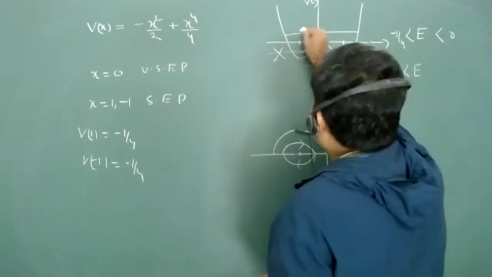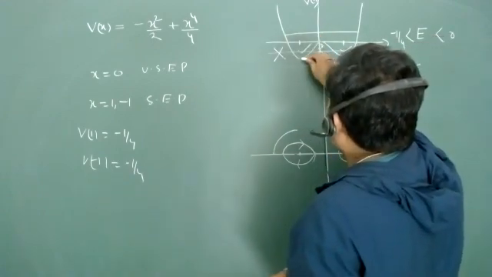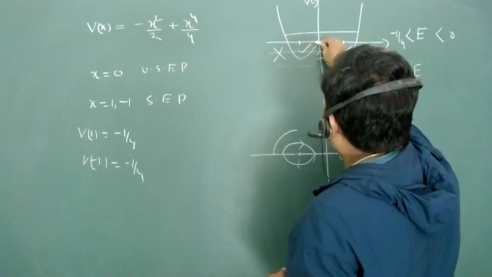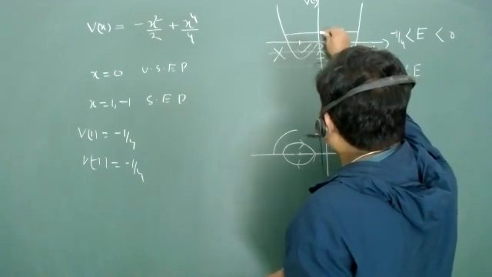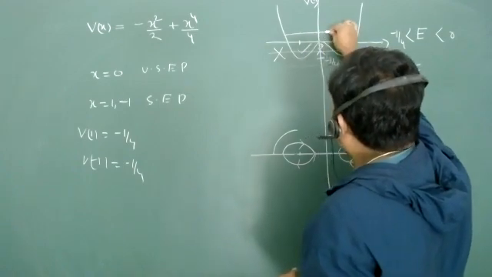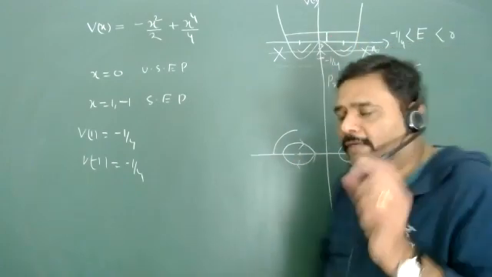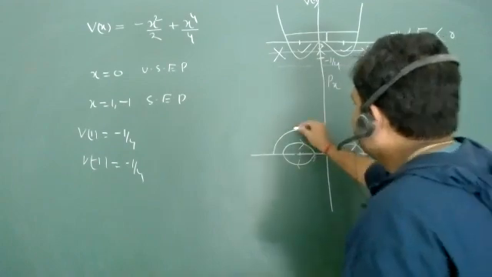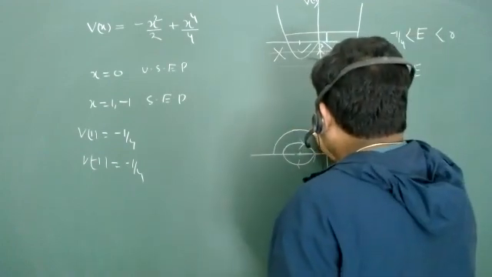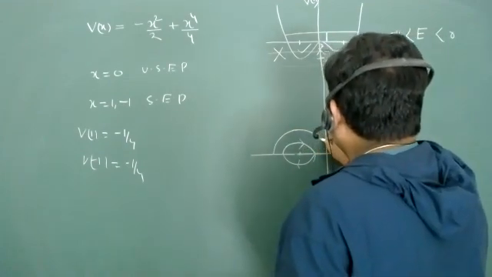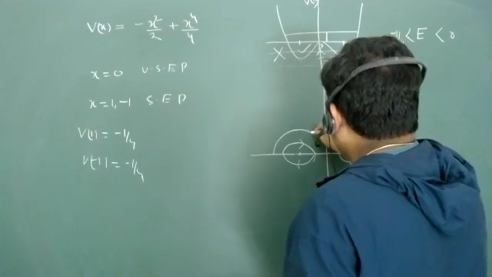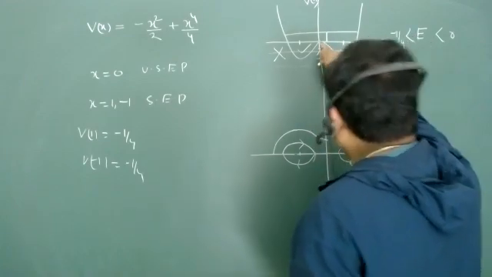After that, what will happen? Your potential energy is increasing, so momentum will decrease, but it will never be 0, because this much value will be your kinetic energy. There is some significant value of kinetic energy. So you will come here up to this point. This will be your minima point, and this is the maximum potential.